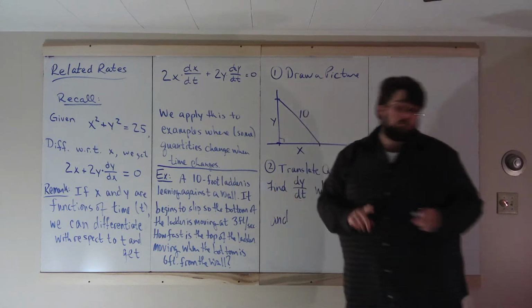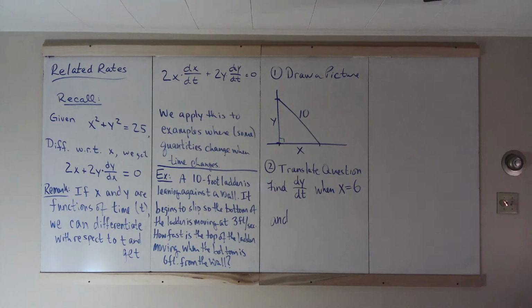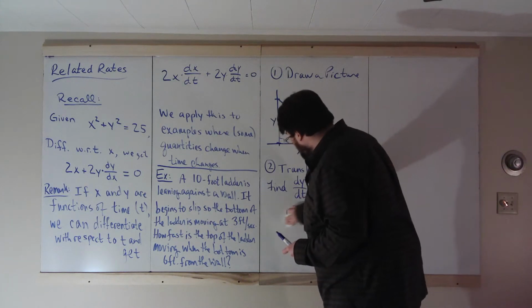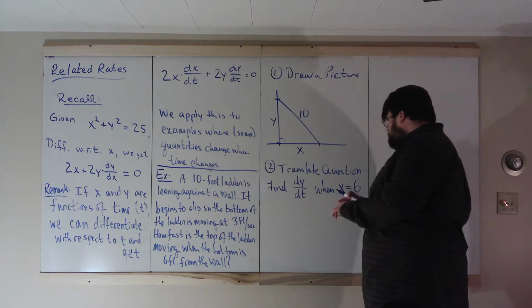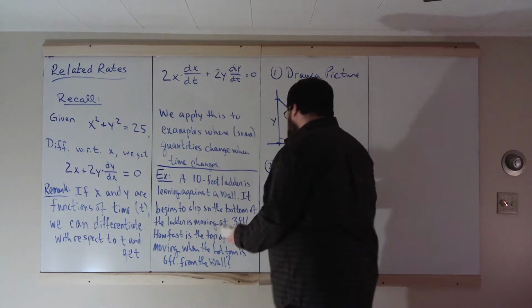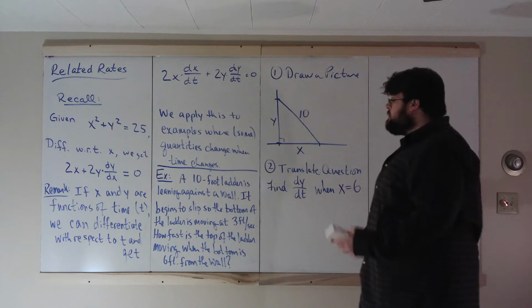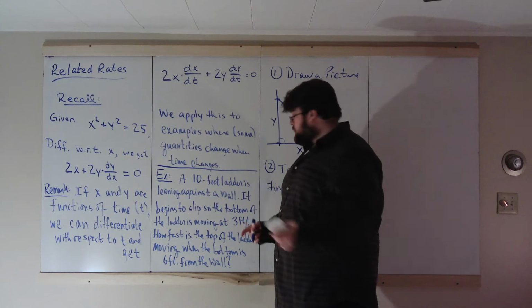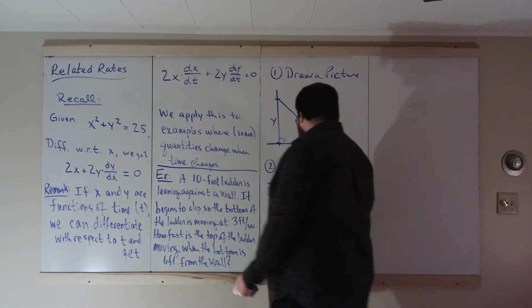I guess I said I'm going to put a gap there. So 3 feet per second, the bottom is moving. Well, x measures where the bottom is. It's moving at 3 units of x per second. x is measured in feet.